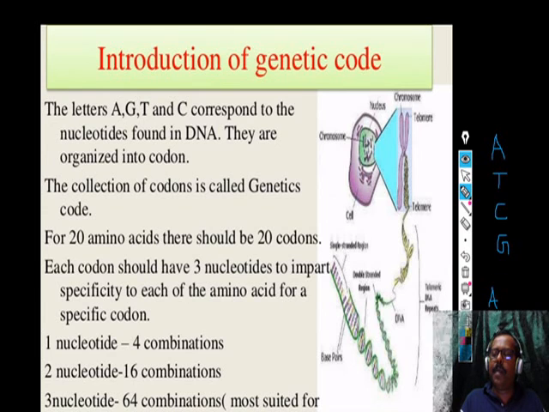In place of thymine in RNA we get uracil, U, then cytosine and then guanine.